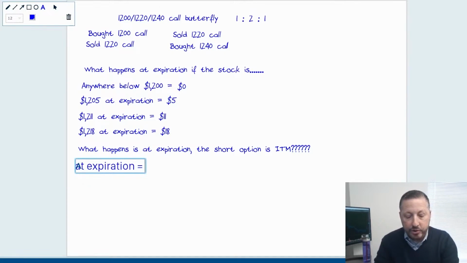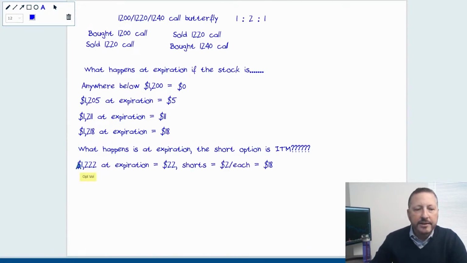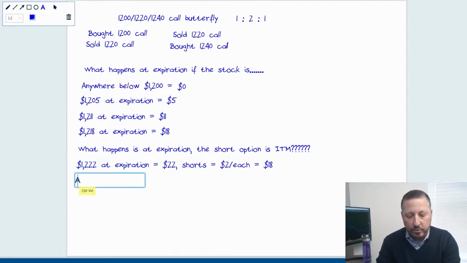What would the value at 1222 be? Well, the long option would be worth 22. The short options would be worth $2 each, for a total value of $18. And so on and so forth. Let's go up to 1231. At 1231, the long option would be 31.